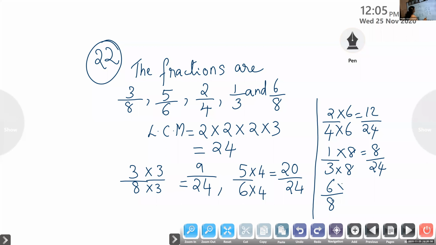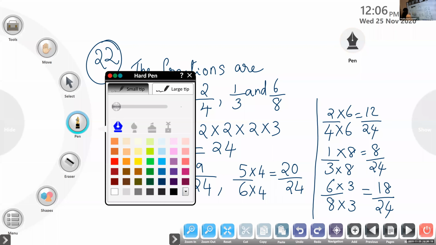Then we have to write the fractions in descending order. All the children, find out alone how to make equivalent fractions. Find the LCM.